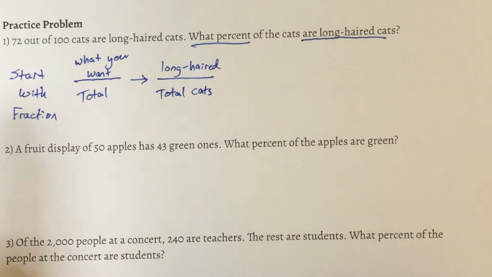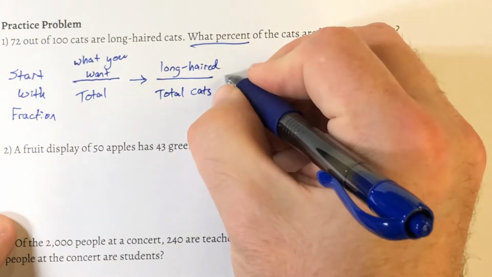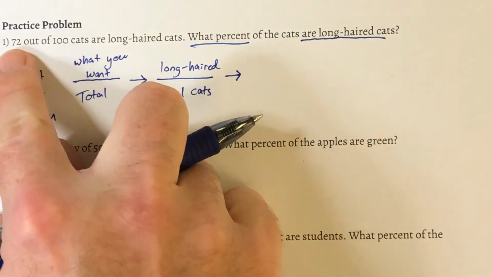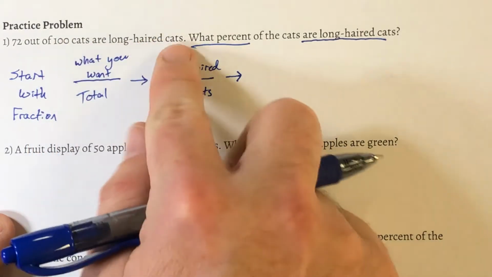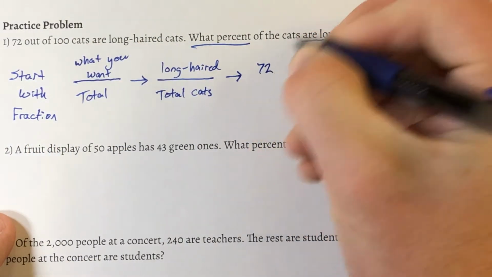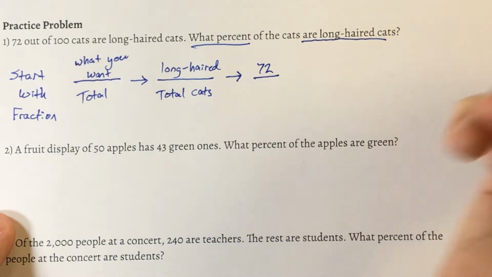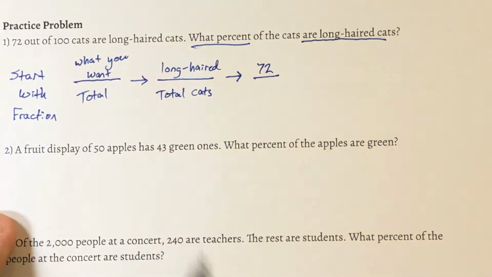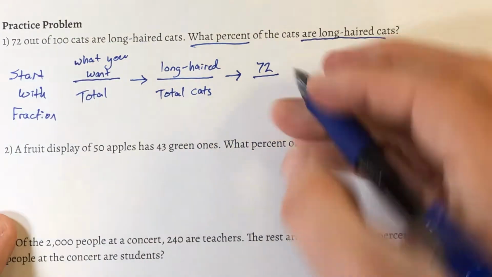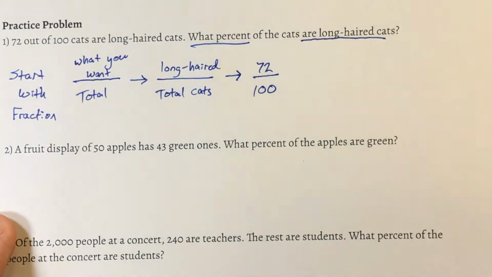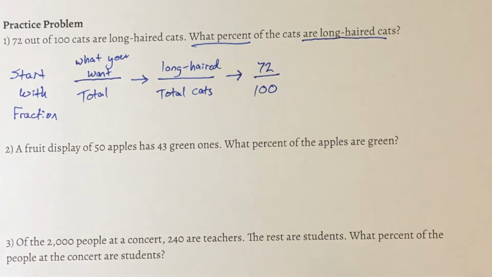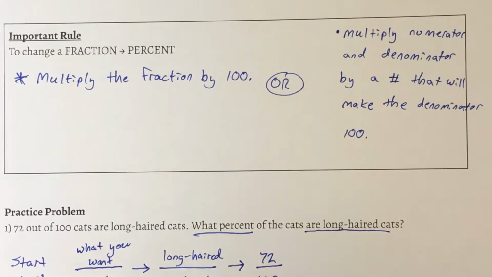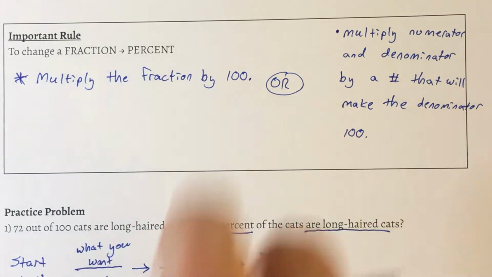Now, I just need to find my information and put it in the appropriate place. How many are long-haired? It says 72 out of 100 are long-haired. So 72 is my numerator. What's the total number of cats? It says 72 out of 100 cats. So it's implied that there are 100 cats total. All right, I have 72 out of 100. I'm going to convert it to a percent. My primary rule says I can multiply it by 100.